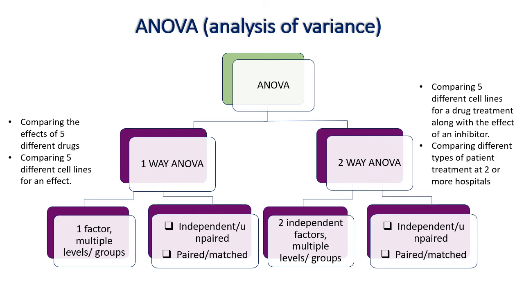Another example would be if you have subjects or patients and they are undergoing, say, 3 or 4 types of treatment at one hospital, and then they are undergoing the same or very similar treatment at, say, hospital number 2. So the two variables here would be the hospital, number 1, number 2, and hospital number 3 could be.